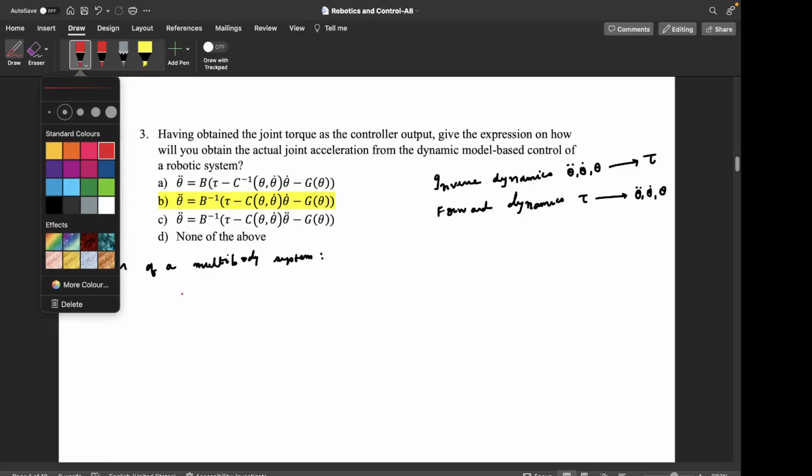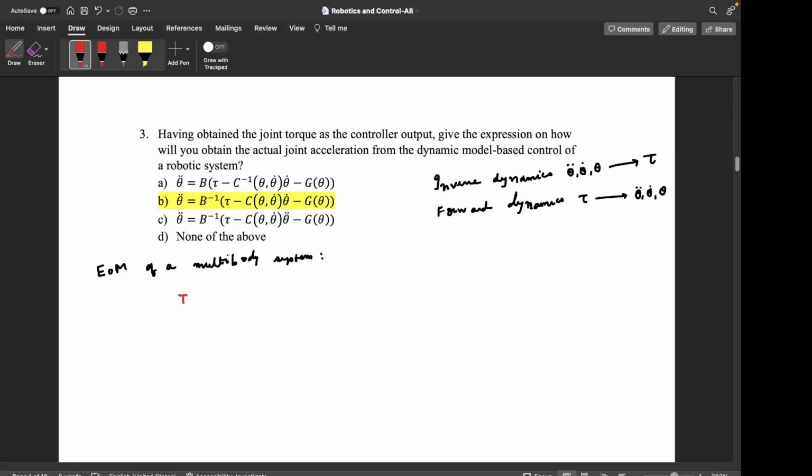I will first write the equation and then describe what each term means. I will try to be consistent with the notation used in the lectures.